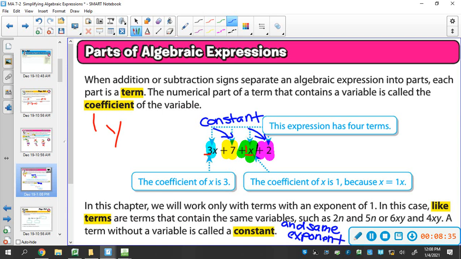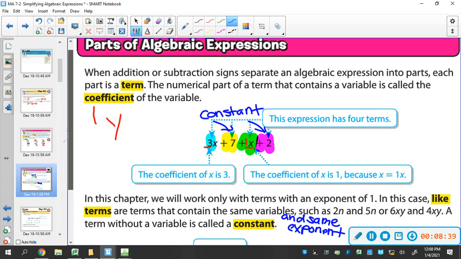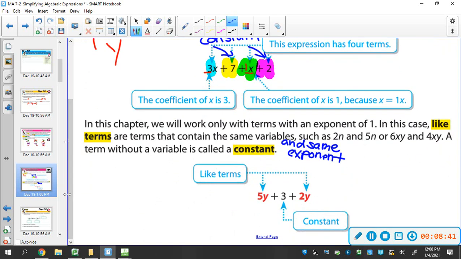Last sentence says, a term without a variable is called a constant. So it has examples there. My like terms are like my 5y and my 2y because they have the same variable with the same exponent. Doesn't matter that the coefficients, the number in front, are a little bit different. And then there's one constant, that +3.